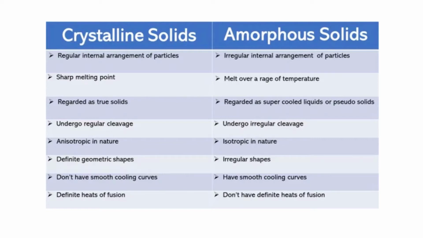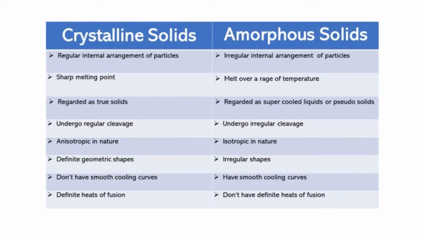Crystalline solids have a sharp melting point, a high and fixed heat of fusion, they are anisotropic, and they are true solids. Whereas amorphous solids do not have a sharp melting point, they do not have a fixed heat of fusion, they are isotropic, and they are pseudo solids.